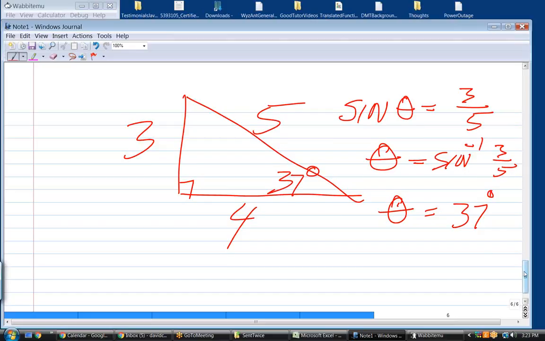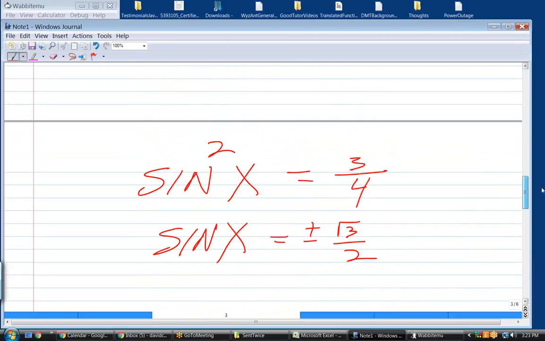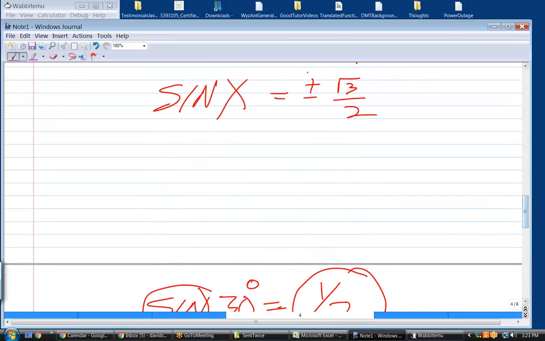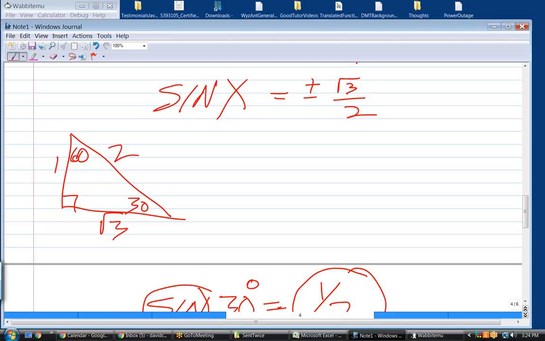Now back to the problem that I gave you. If we know the sine of x is plus or minus square root of 3/2, well, if we look at this 30-60 triangle here, I can see that it's the 60-degree angle, that the sine of 60 is square root of 3/2, correct?